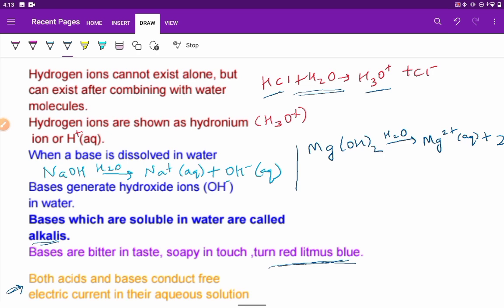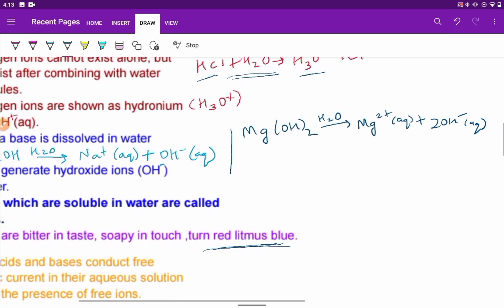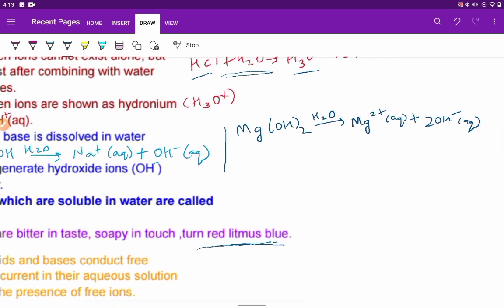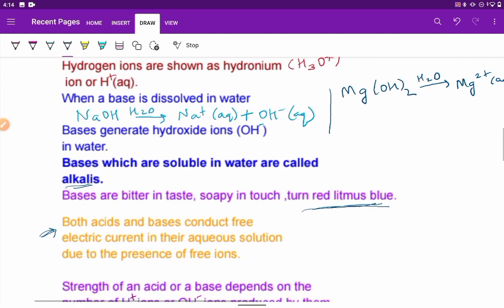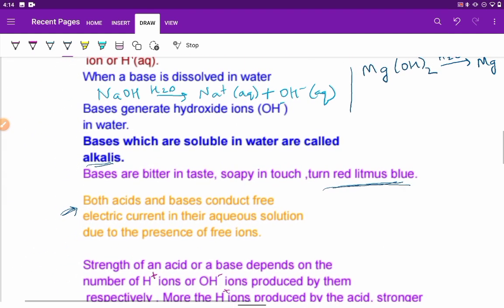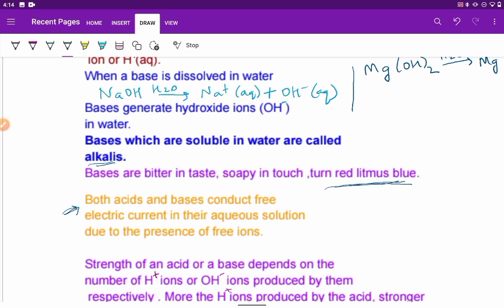Magnesium hydroxide in the presence of water produces Mg2 plus and OH minus. So OH minus, that is hydroxide ion, will definitely be produced from the bases in water. Because of the presence of these ions, acids and bases are able to conduct electric current in their aqueous solution.